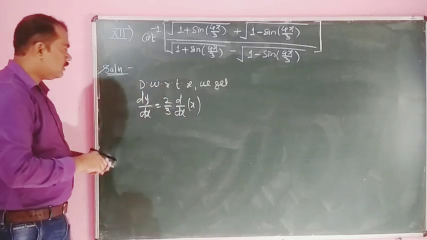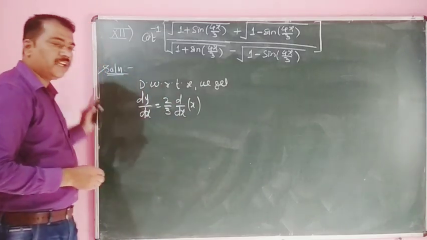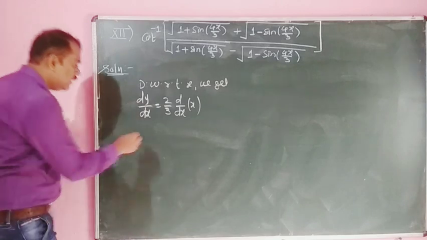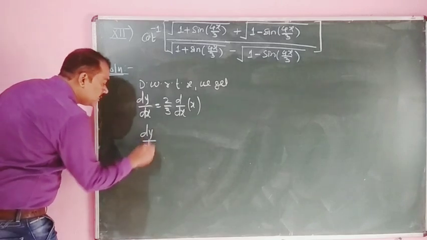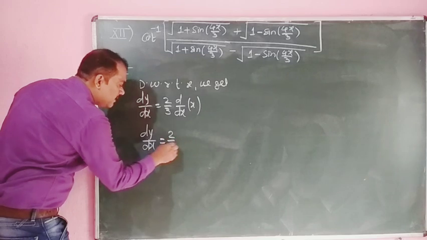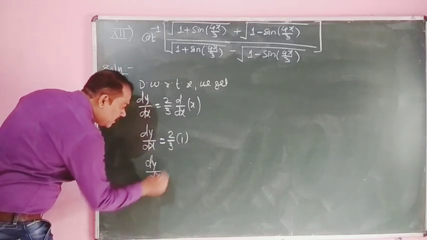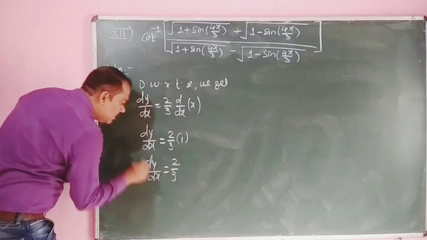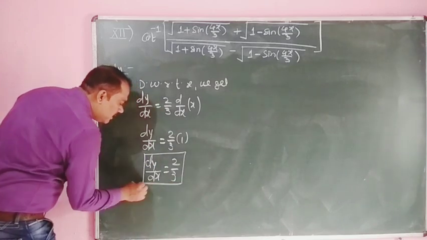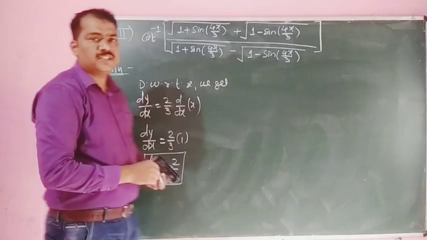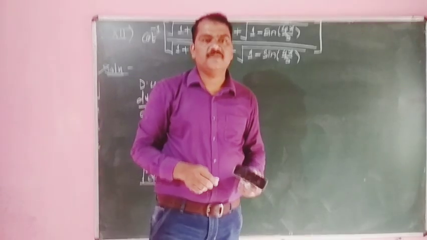Now the derivative of x with respect to x is nothing but 1, that is dy by dx is equal to 2 by 3 into 1, that is dy by dx is equal to 2 by 3, which is the required answer. After that, we have to discuss the next question.